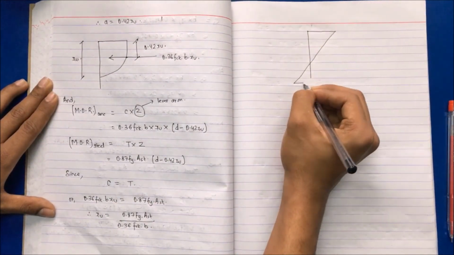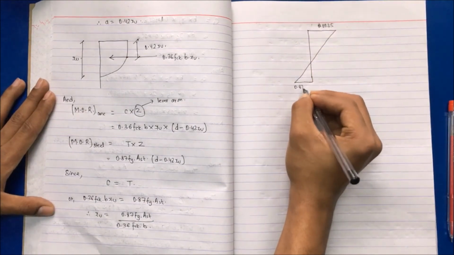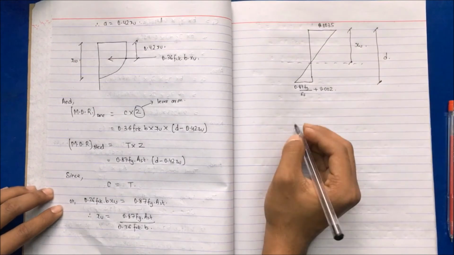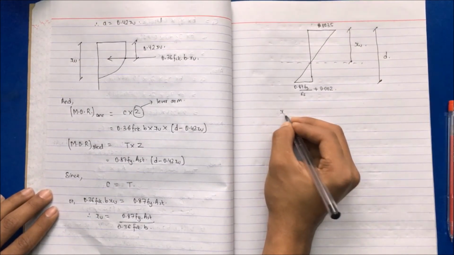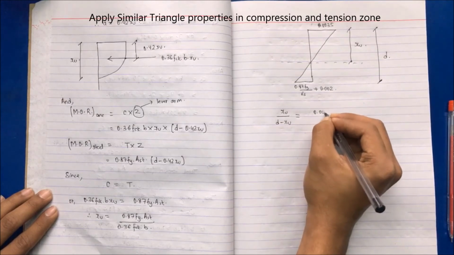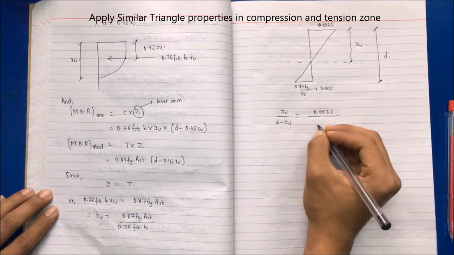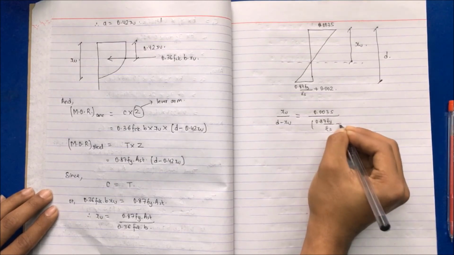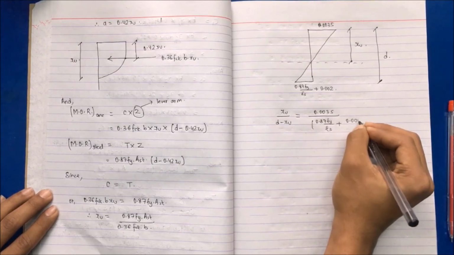So in the strain diagram we can show the values of extreme strain in the compression region and tension region. From similar triangle properties, XU divided by D minus XU is equal to 0.0035 divided by 0.87 Fy by Es plus 0.002.